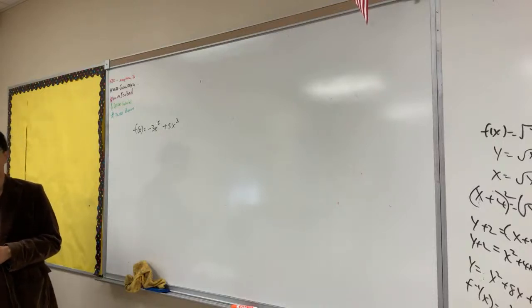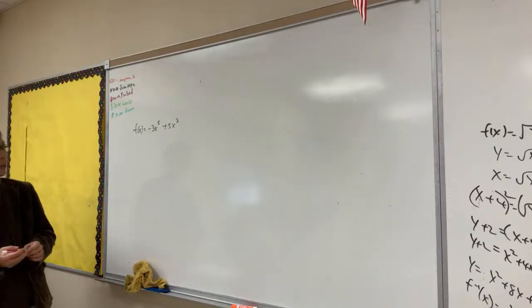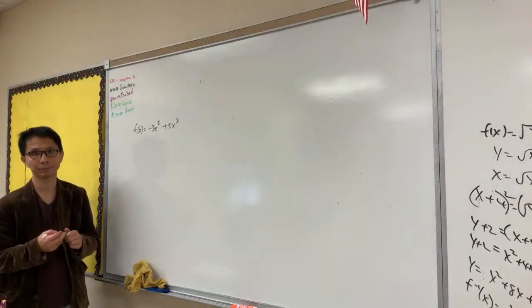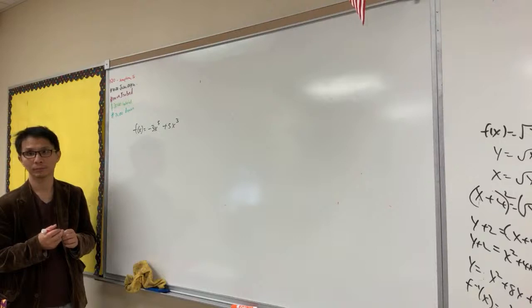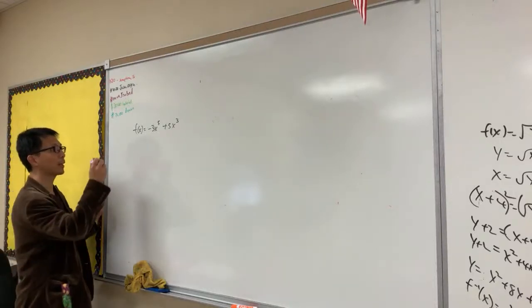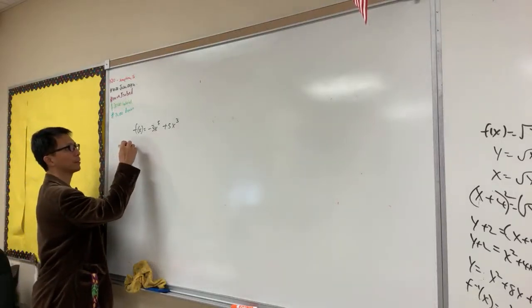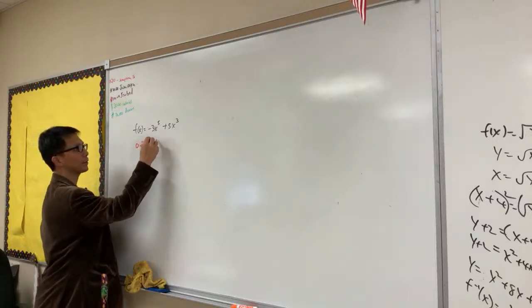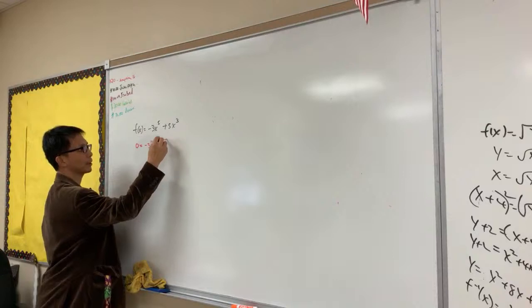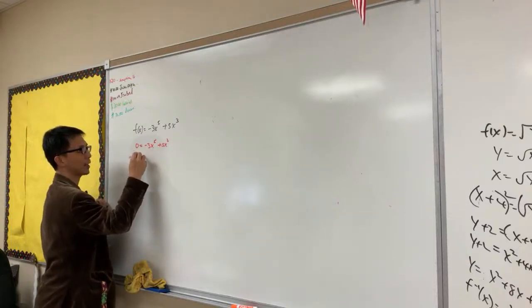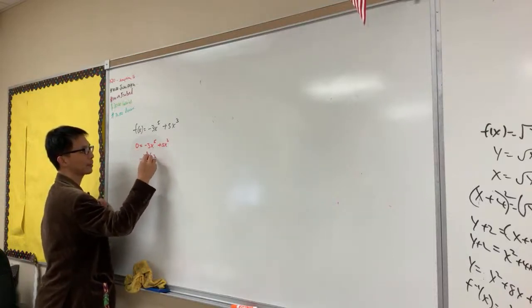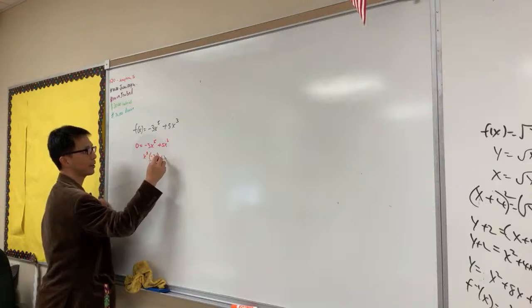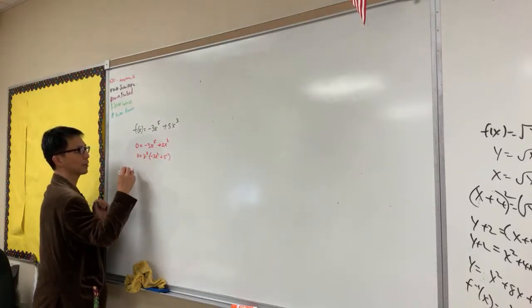Can I find the x-intercept? How do I find the x-intercept? Set y to 0, which is equal to -3x to the 5th plus 5x to the 3rd. That gives you x to the 3rd times (-3x squared plus 5) equal to 0.